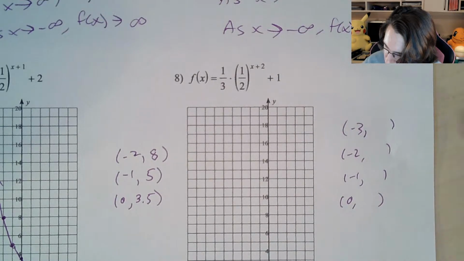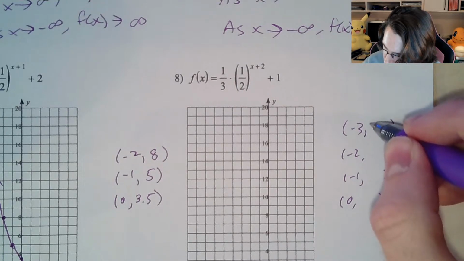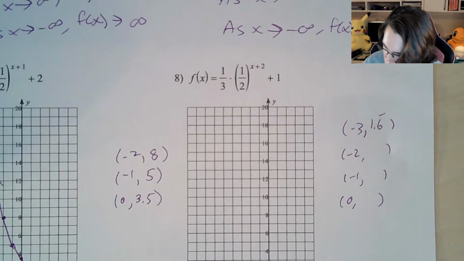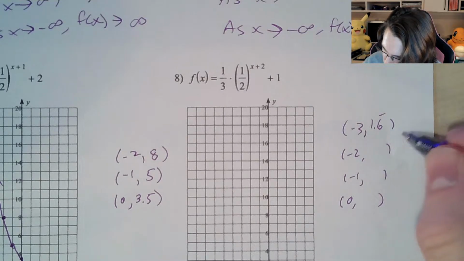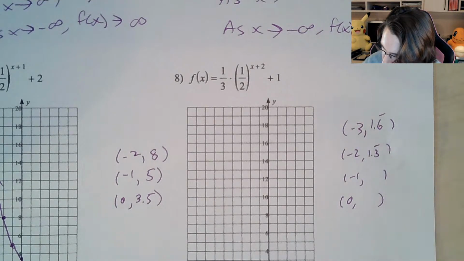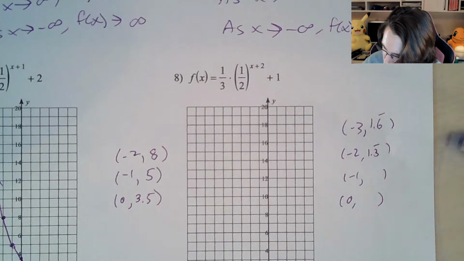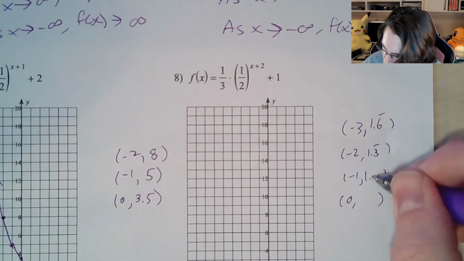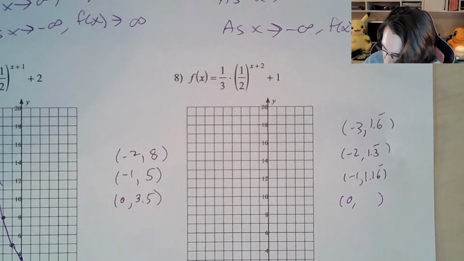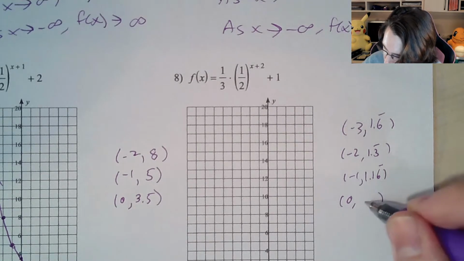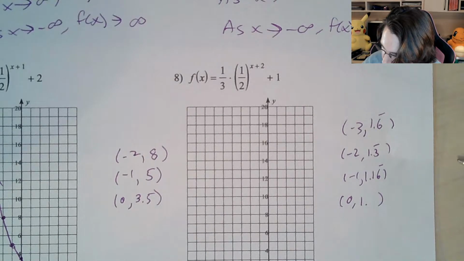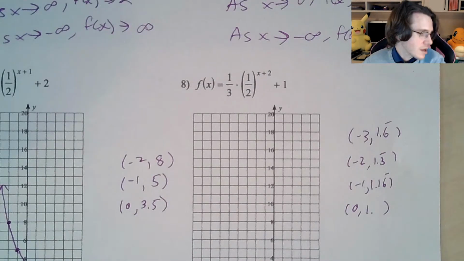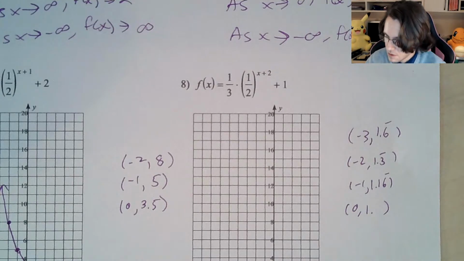So -3 will give you 1.6 repeating. -2 will give you 1.3 repeating. -1 will give you 1.16 repeating. And plugging into dividing by 12. Oh boy. I don't know, 1 point something, 1 point tiny value. Yeah, calculator time.